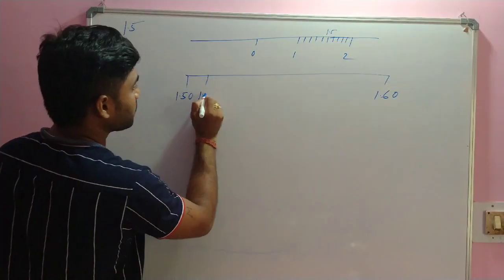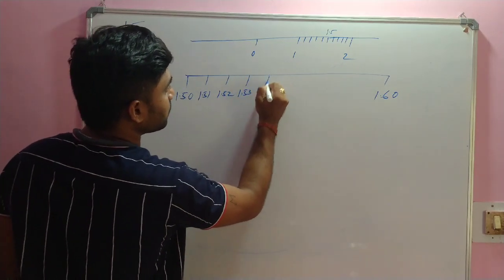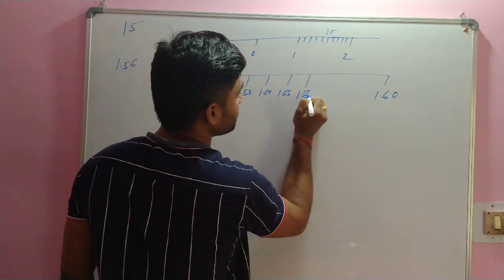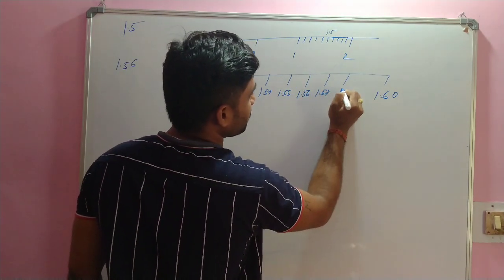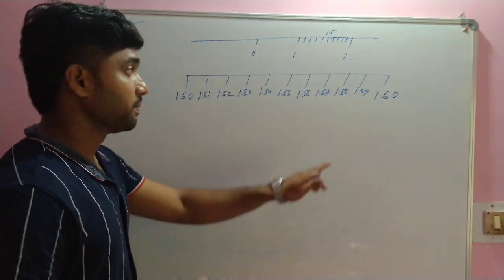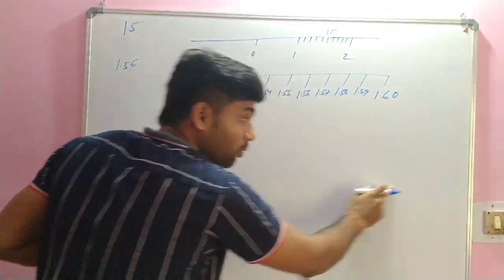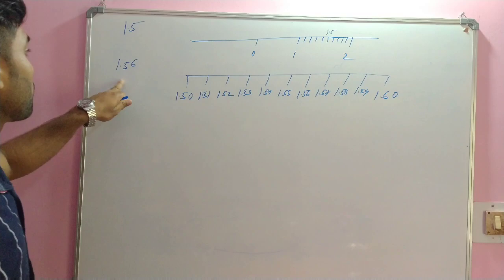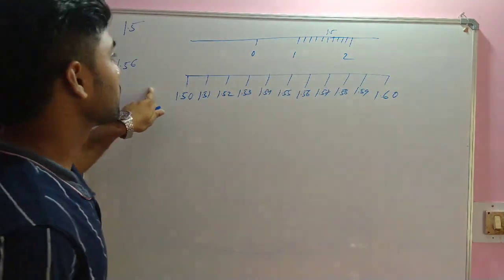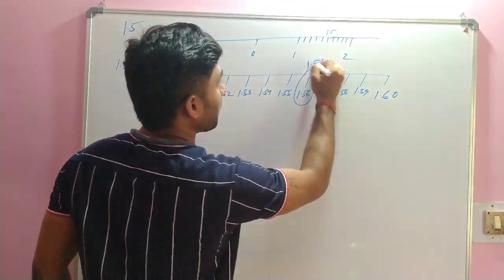So 1.51, 1.52, 1.53, 1.54, 1.55, 1.56, 1.57, 1.58, 1.59. Because it is not possible to draw 100 equal parts, 1.50 and 1.60 are equally divided into 10 parts, then we can represent 1.56 here.